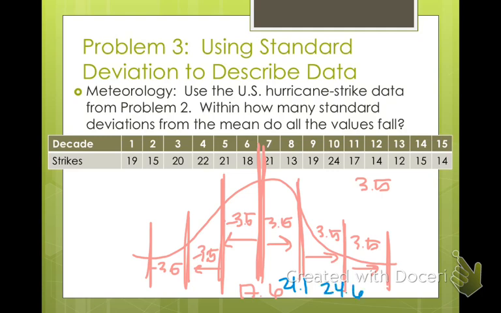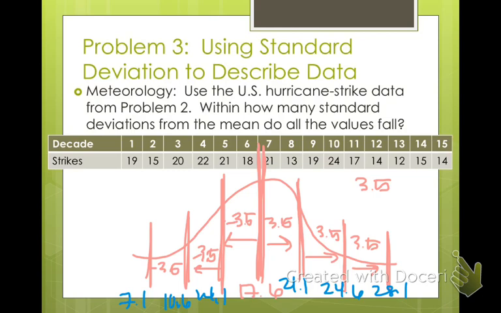And then add another 3.5 and you get 28.1. Okay, then to work backwards, I'm going to take that 17.6. I'm going to subtract 3.5. And I get 14.1. Subtract 3.5. I get 10.6. And then subtract 3.5, and I get 7.1.